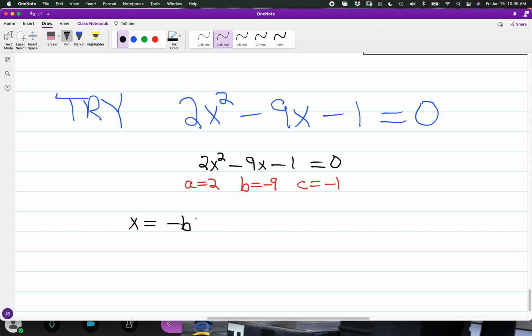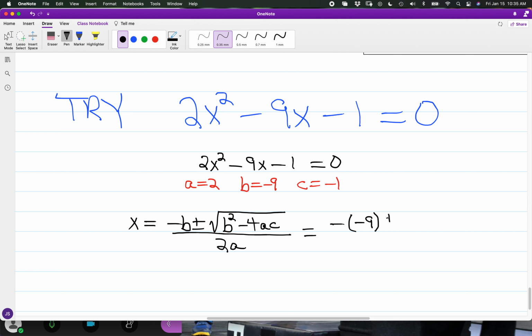And just looking at what we have at the substitution stage. So we have negative b plus or minus the square root of b squared minus 4ac all over 2a. And with direct substitution, we have negative b, so this will be the opposite sign of negative 9.